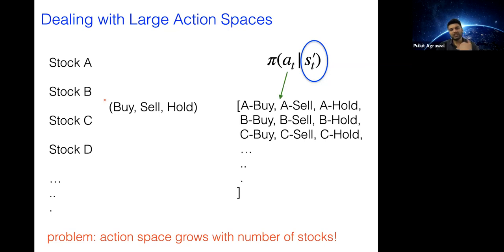we get all the predictions at once, and all these predictions are relative to each other, right? For example, I will have a multimodal distribution over all these stocks simultaneously.